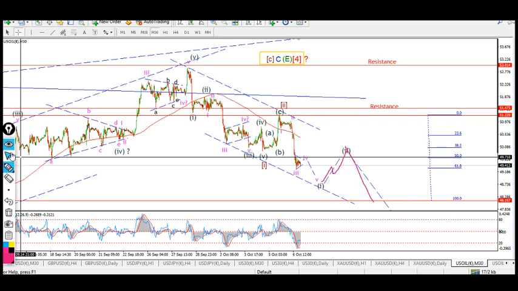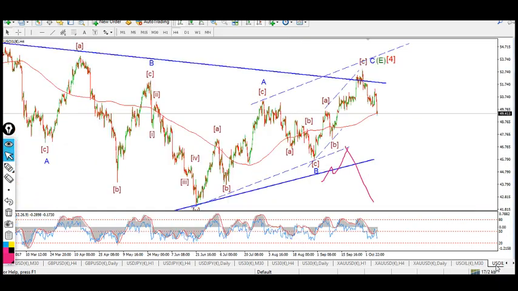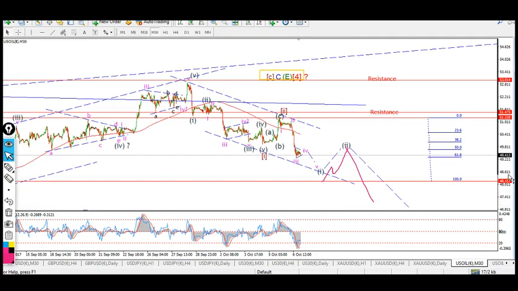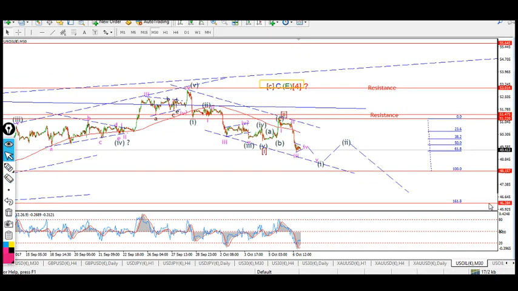Let's see, onto the 4-hour chart here. I think we had a target. No, we don't. Let's see if I can condense that a little bit. Yeah, we have wave 1 brown, wave 2 brown, wave 3 brown.